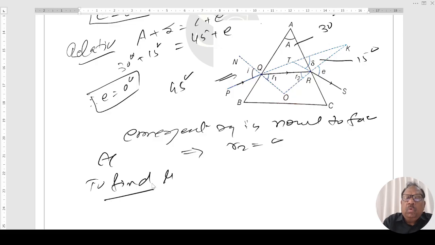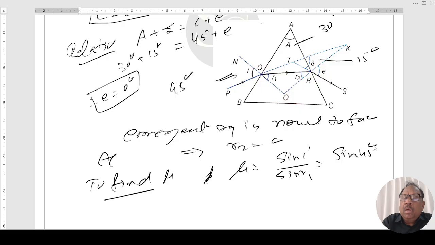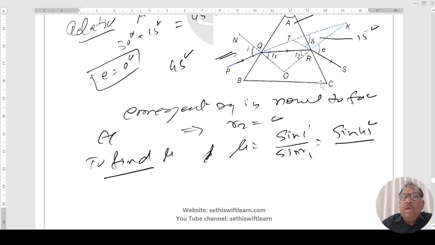To find mu, according to Snell's law, sin I upon sin R1. Sin I is sin 45 degrees upon sin R1. As we know, R1 plus R2 equals A, so R1 plus 0 equals 30 degrees.